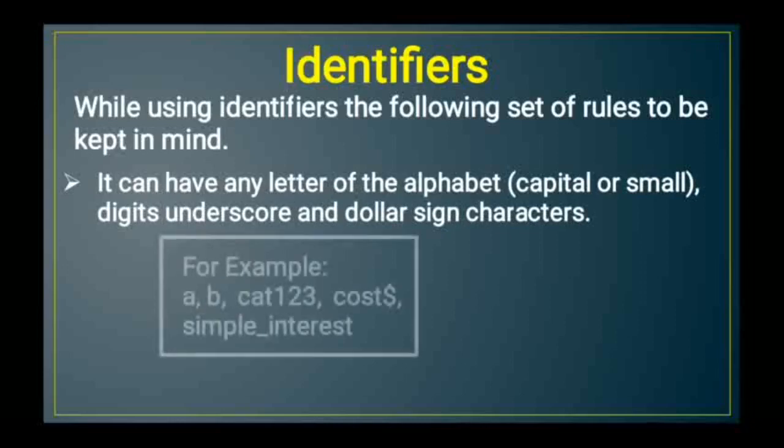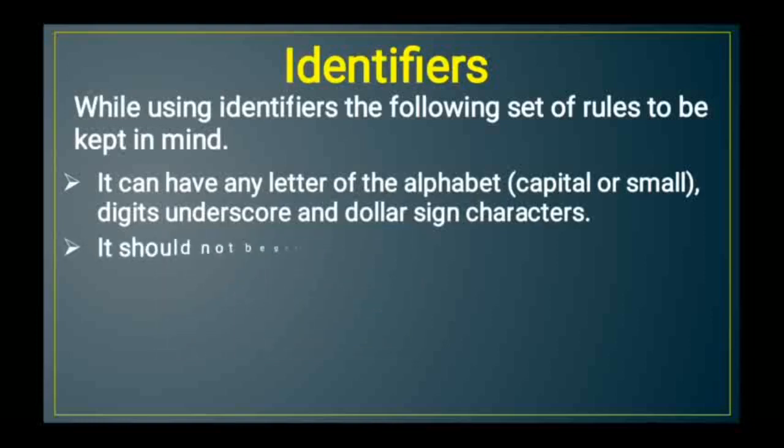For example, A, B, CAT, 123, cost$ and simple_interest. It means it can have any letters of the alphabet, digits, underscore, and dollar sign. We can use only the alphabets, digits, underscore and dollar sign.